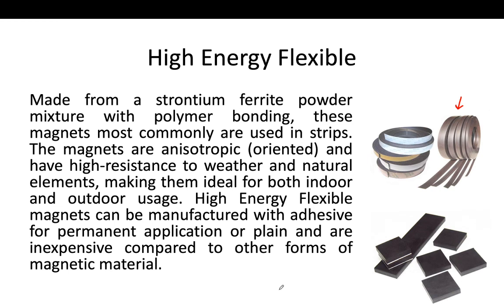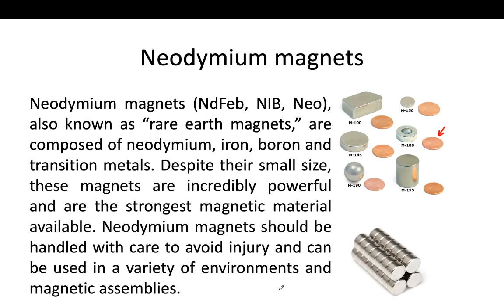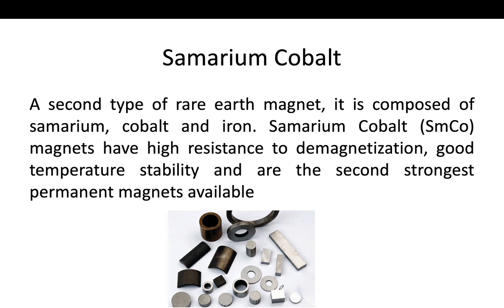High energy flexible magnets are used mostly for outdoor applications. Neodymium magnets are very powerful, so they are used for attaching or combining things. And samarium cobalt can be used for permanent magnets.